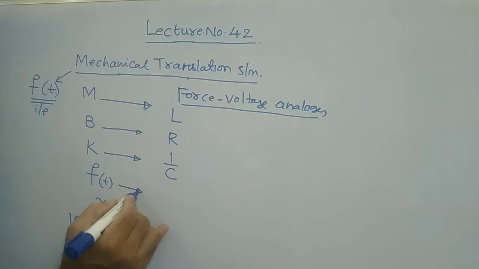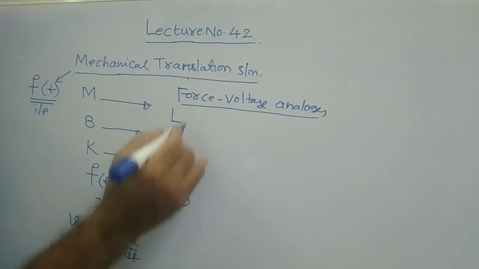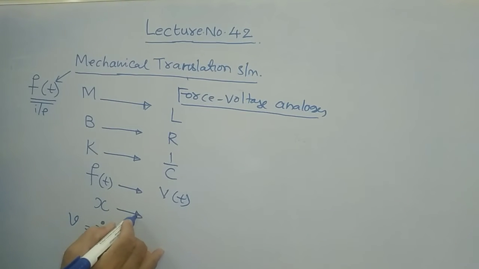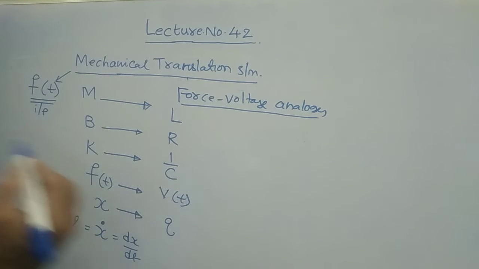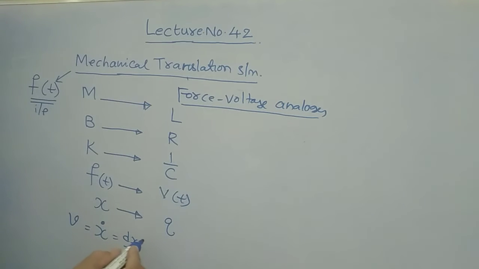F of t is obviously V of t, as I just explained. X is nothing but charge Q. If x equals Q, then dx by dt is dq by dt, which is nothing but current I. Sometimes you may have d square x by dt square also.